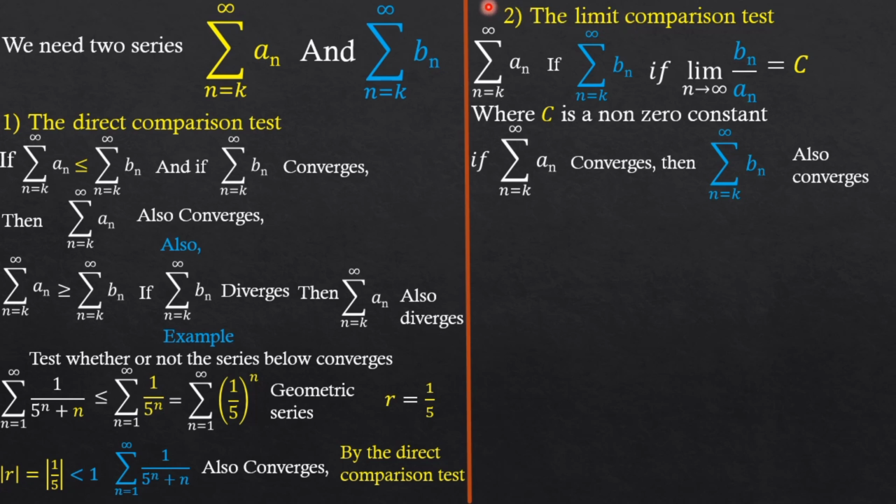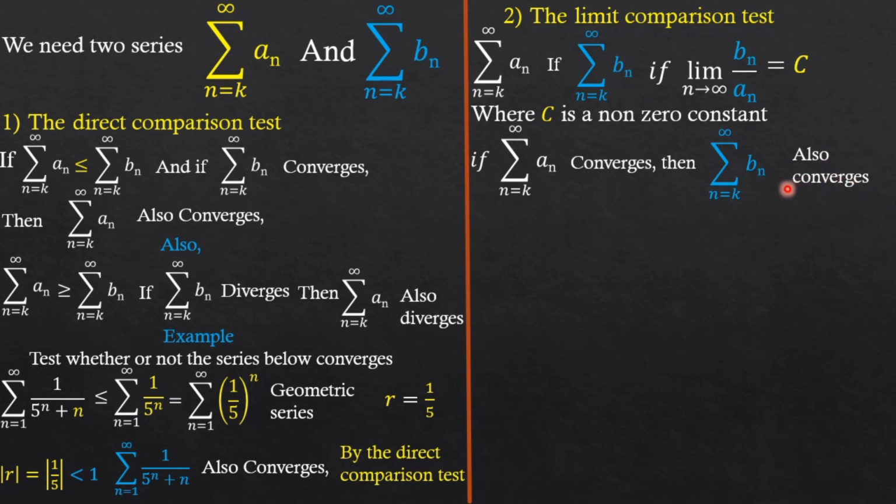But if we know another series, such as from n equal to k to infinity of an, and an is a convergent series, and the limit of bn over an gives us a constant c, and we know that an converges, it therefore means that the series of bn also has to converge.